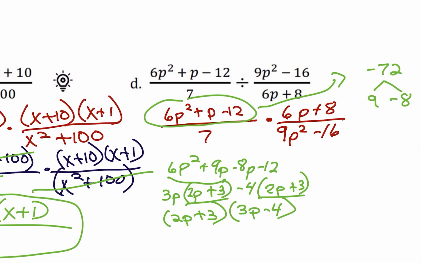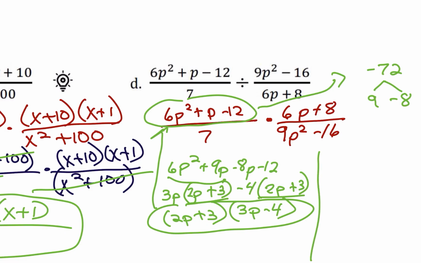Okay, so keep in mind that this quantity right here is going to replace that numerator. So off to the side here, I'm going to go to a different color again, except I'm going to leave the green for that numerator just to make sure you see. So our new multiplication fraction is going to be, I'm going to put a line right here so you can see where I'm going.